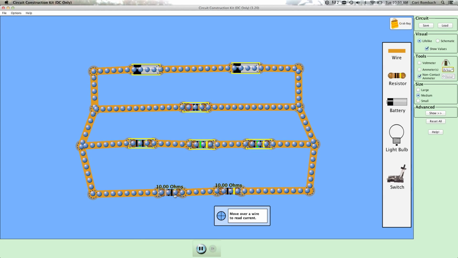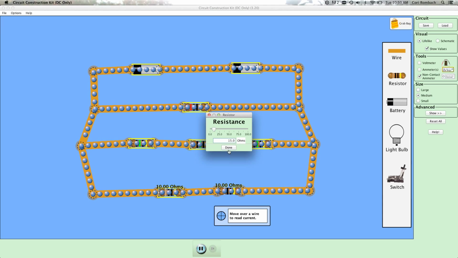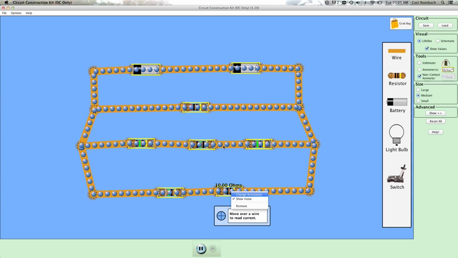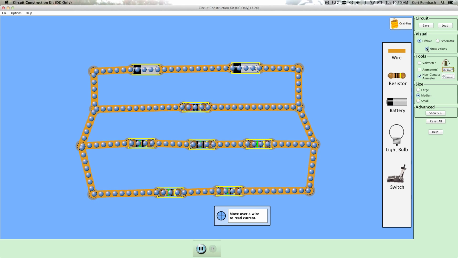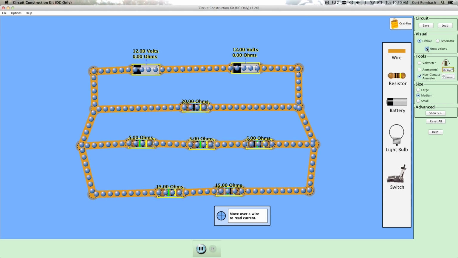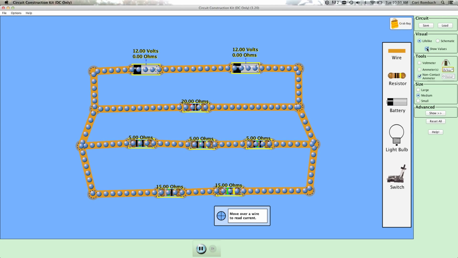And then 15 for my final 2. Okay, good. Now let's check. That looks a little bit more like the picture. 20 ohms, 12, 12, 5, and 15.